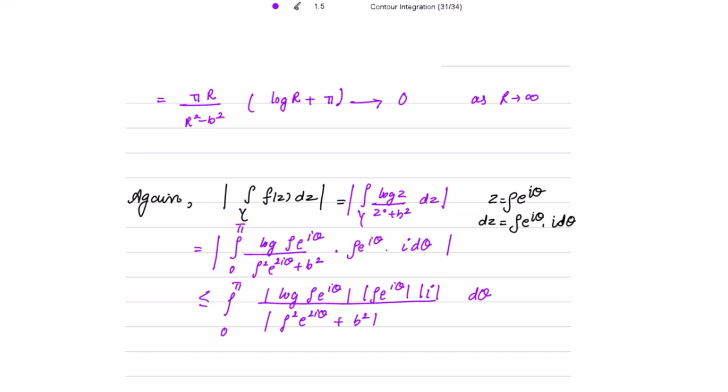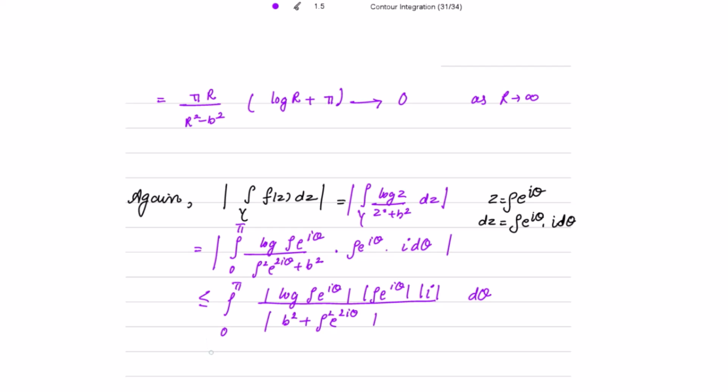Now when I apply the result, I will be getting rho² minus b², right? Because I need b² minus rho², I'm just interchanging these terms. I'm writing b² first. It doesn't matter in this step. It is very okay and fine, right?